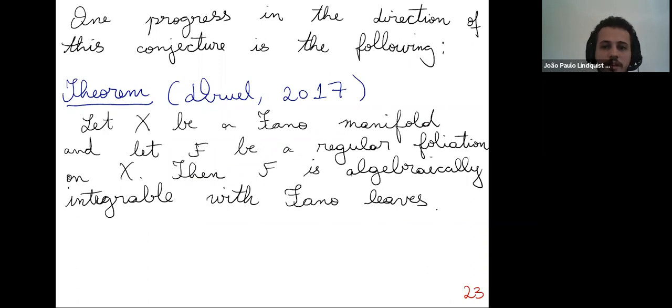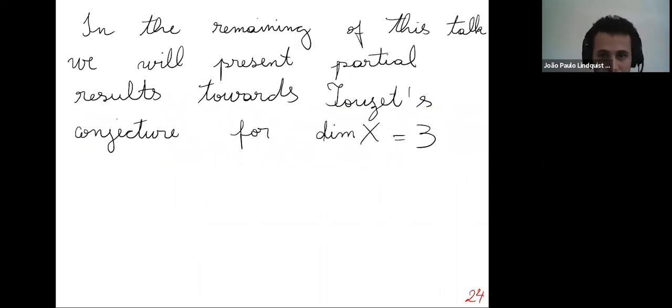So he showed that regular foliations are algebraically integrable, and the leaves are Fano submanifolds of X. In this talk, I want to study this conjecture for foliations on threefolds. And I didn't write it here, but I also only consider foliations of codimension 1.